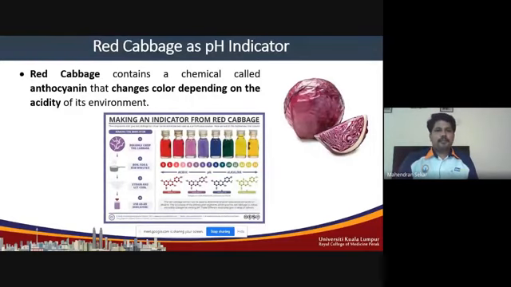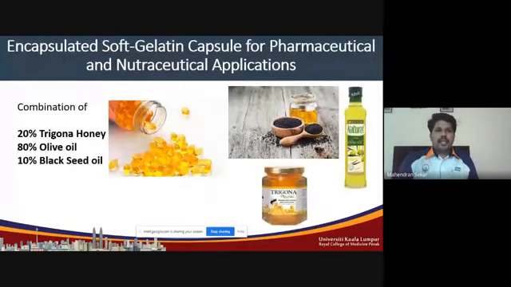And another product is the encapsulated soft gelatin capsule for pharmaceutical and nutraceutical applications. Normally this gelatin capsule is mainly made up of gelatin, but here the innovator has come up with an alternative way to produce soft gelatin capsules.